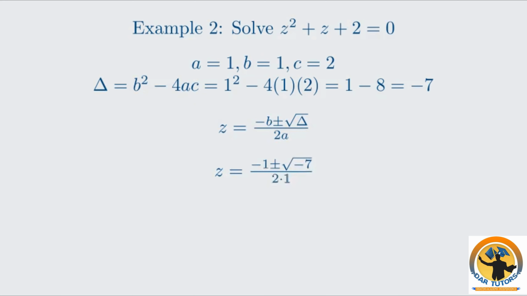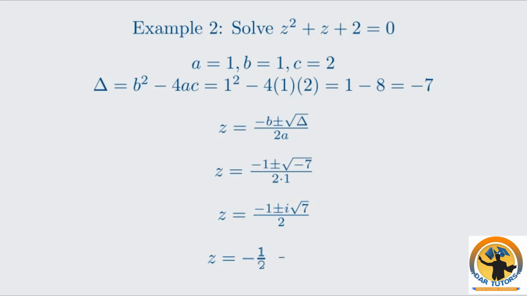Now, we substitute these values into the quadratic formula. We get z equals -1 plus or minus the square root of -7, all divided by 2. We can rewrite the square root of -7 as the square root of 7 times i. So our solutions are z equals -1 plus or minus i times the square root of 7, all over 2. To write this in the standard a plus bi form, we separate the real and imaginary parts.